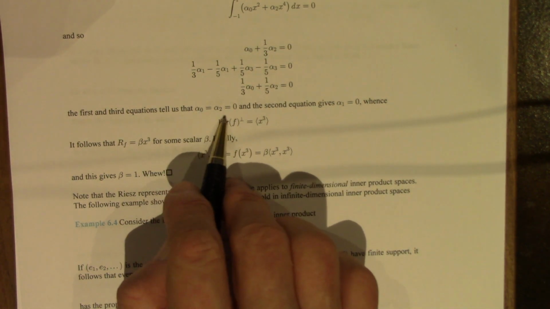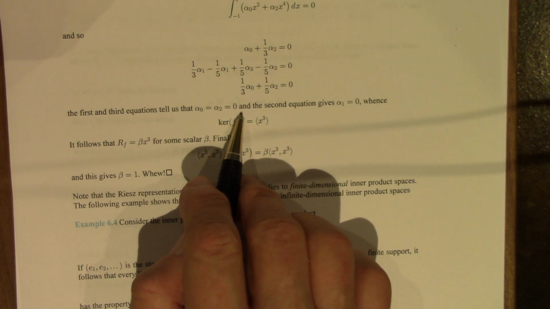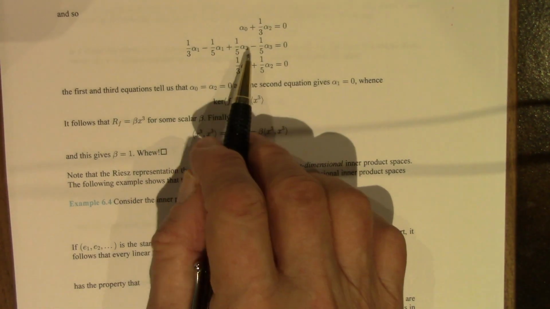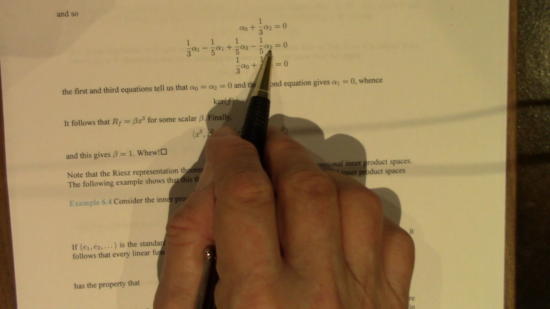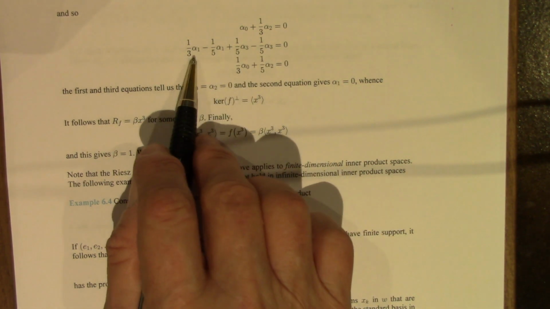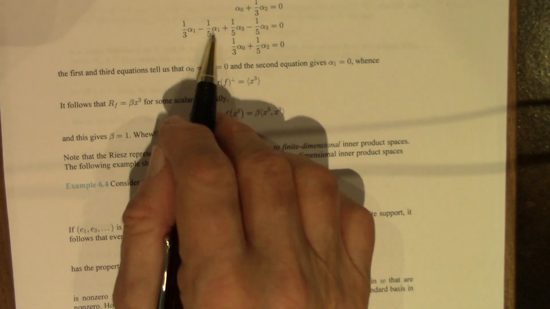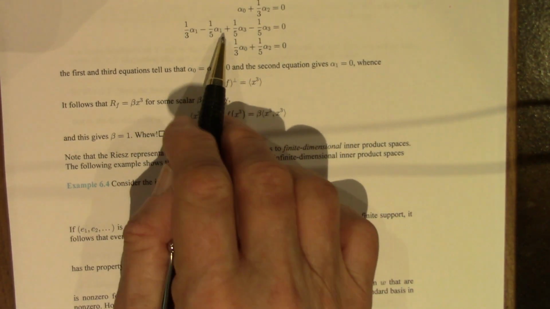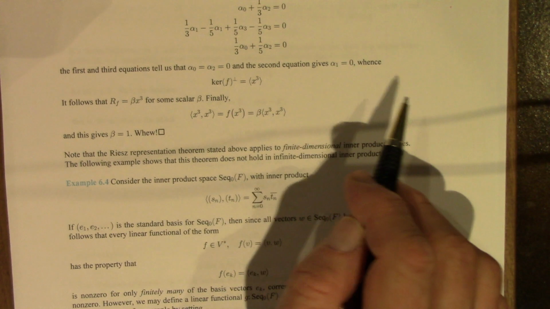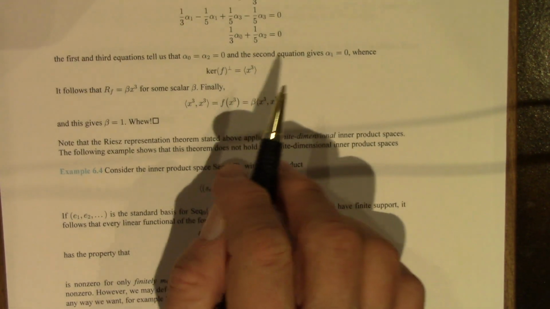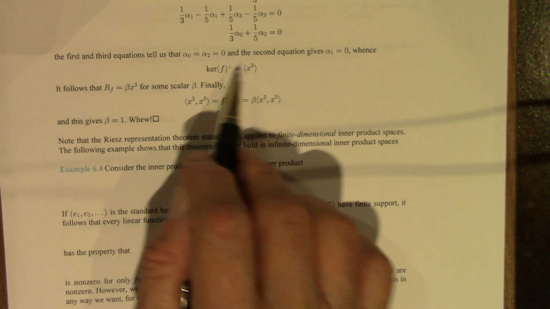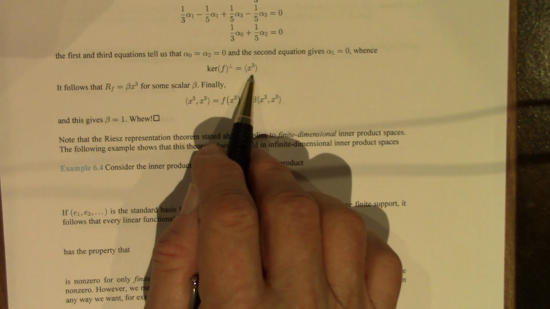So alpha naught equals alpha 2 equals 0. This middle one, there's cancellation of the alpha 3 terms, and the alpha 1 terms can be combined, and so this tells us that alpha 1 is also 0. So the kernel of f perp is the subspace spanned by x cubed.